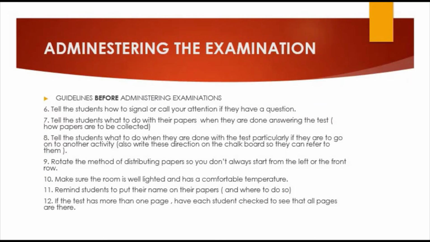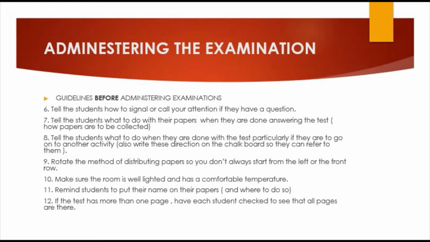Sixth, you need to tell the students how to signal or call your attention if they have a question. Tell the students what to do with their papers when they are done answering the test, how papers are to be collected, and what to do when they are done with the test, particularly if they are to go on to another activity.